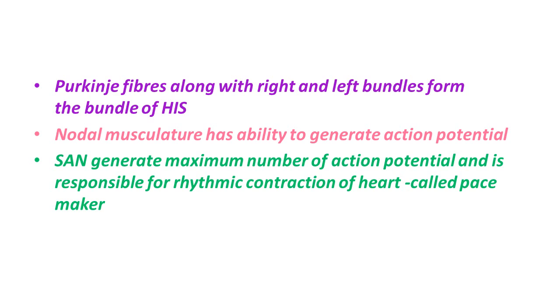The number of action potentials that could be generated in a minute varies at different parts of the nodal system. SAN can generate the maximum number of action potentials, that is 70 to 75 per minute, and is responsible for initiating and maintaining the rhythmic contractile activity of the heart.